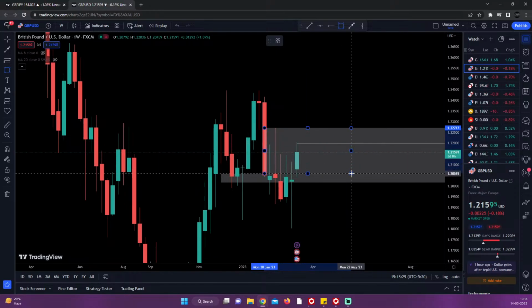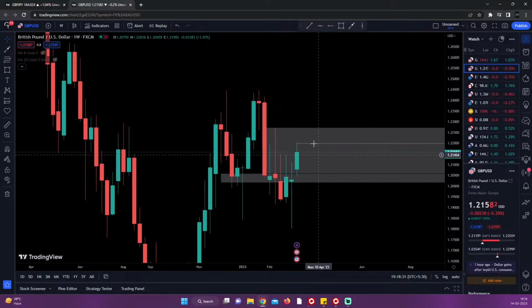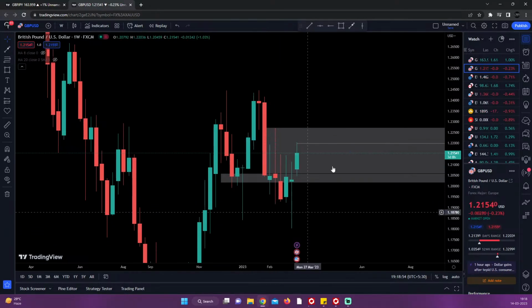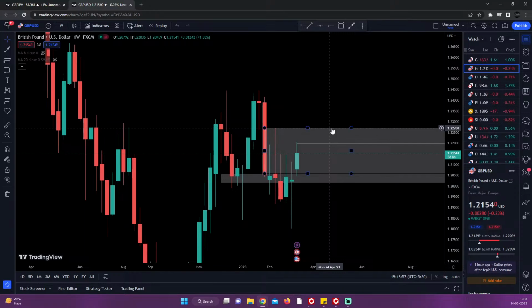The reason is this whole area over here is a strong rejection zone, or lack of volume area, we can call it. Also, we can expect the market to reject the higher prices and return back and go down to test this area of lower prices. So that can also be the case.